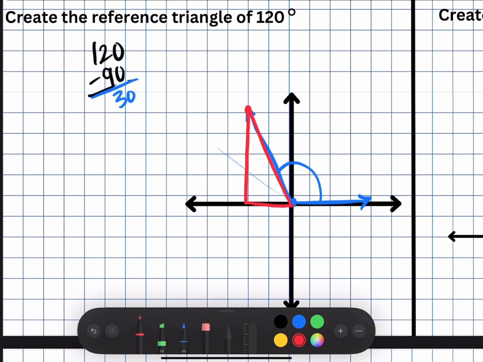Now, remember that if I just traveled 30 degrees, and in total this is 90 degrees, that means that this internal angle right here, to complete the 90 degrees, would need to be 60, which means I have a 30, 60, 90 triangle, and I put the values of my 30, 60, 90 triangle in here. Okay? And this would be my reference triangle.